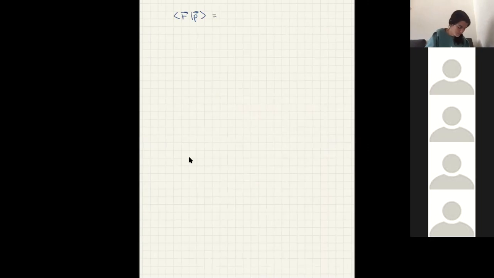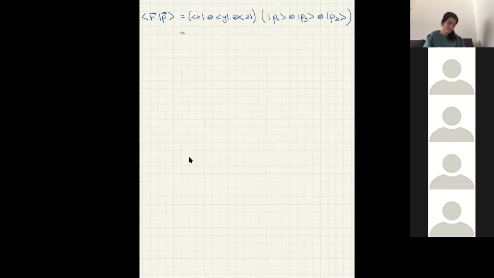Well, what we have here, so we have x tensor y tensor z on one side, and on the other we'll have px tensor py tensor pz, right? And we know how the inner product works over Hilbert spaces, we just do this one with that, times this one with that, times this one with that.